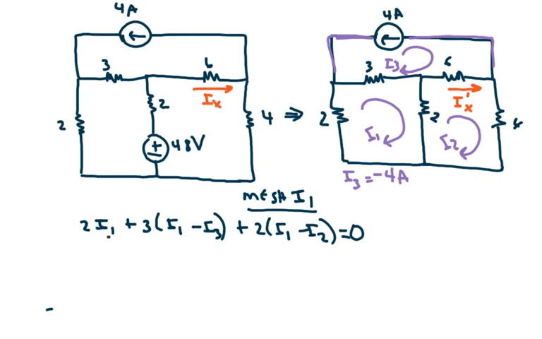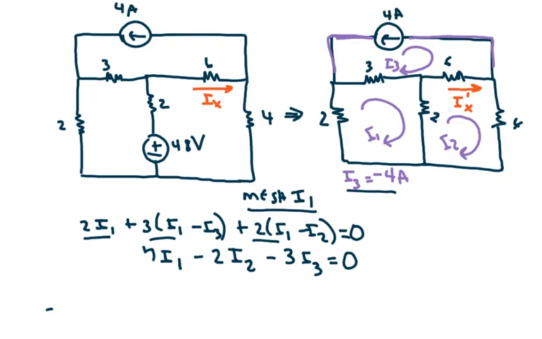We can group our like terms, and we'll have 7I1 minus 2I2 minus 3I3 equal to 0. Again, we can replace that I3, so 7I1 minus 2I2 is equal to 3 times negative 4, which is negative 12. So that's our first equation.